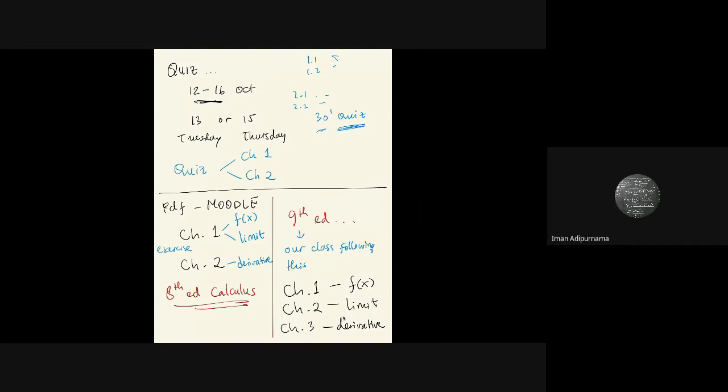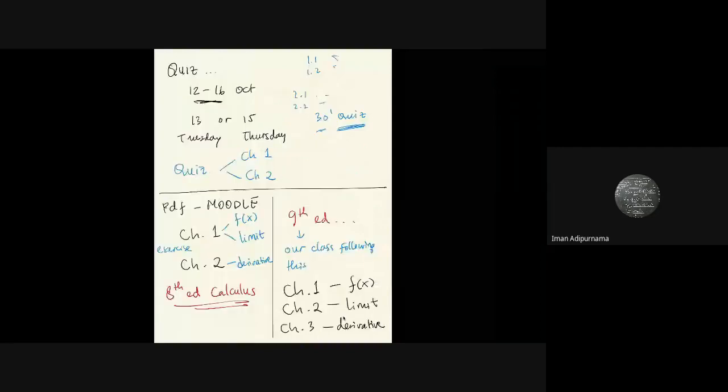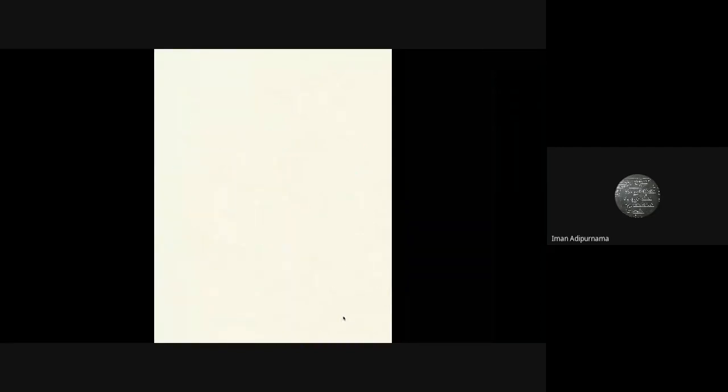Okay. So back to our class. Last time we discussed limits at infinity, right? There is one more section in chapter 2. So this is still limit. It's called the intermediate value theorem.